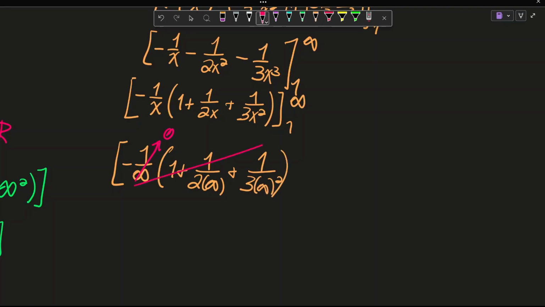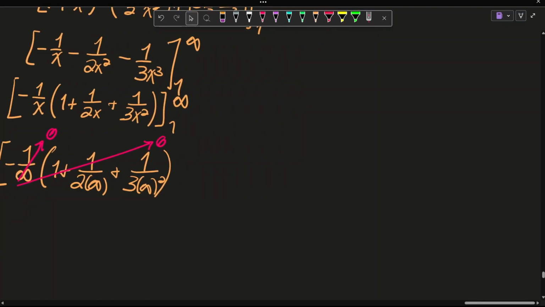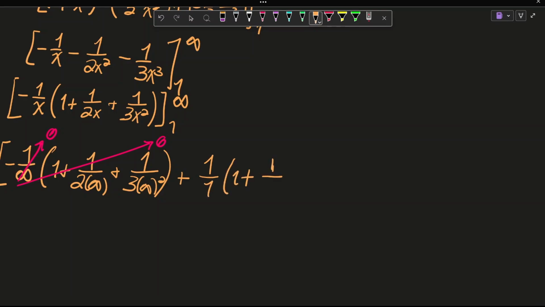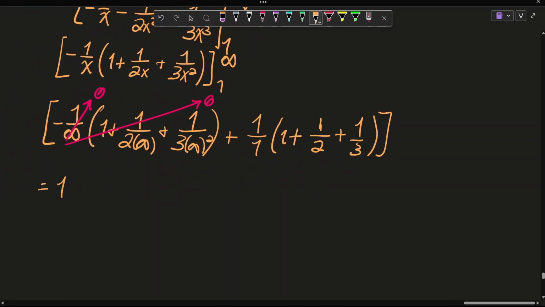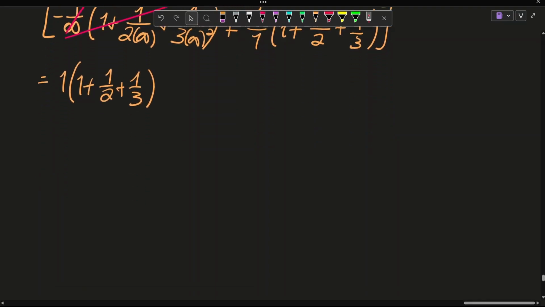Because of this 0, this entire term evaluates to 0. And we get the other term, minus, actually plus, 1 over 1 times 1 plus 1 over 2 plus 1 over 3. Perfect. So here we get that this is equal to 1 plus 1/2 plus 1/3.